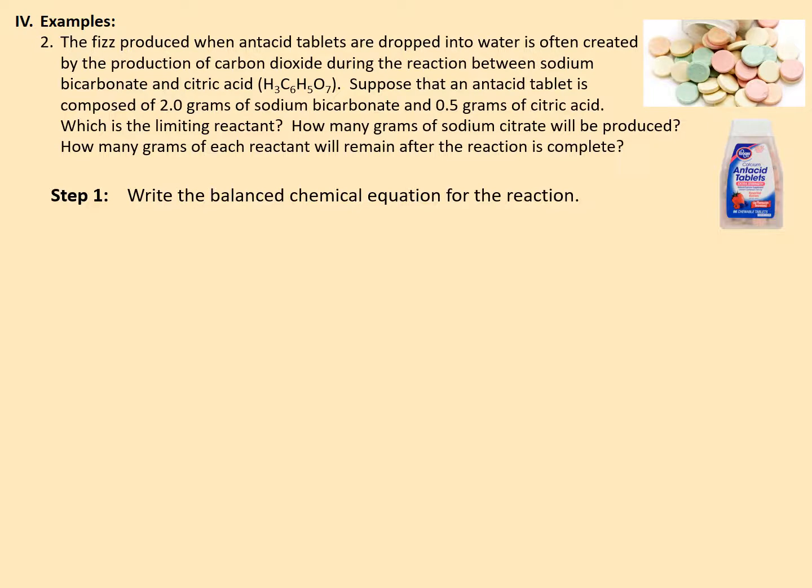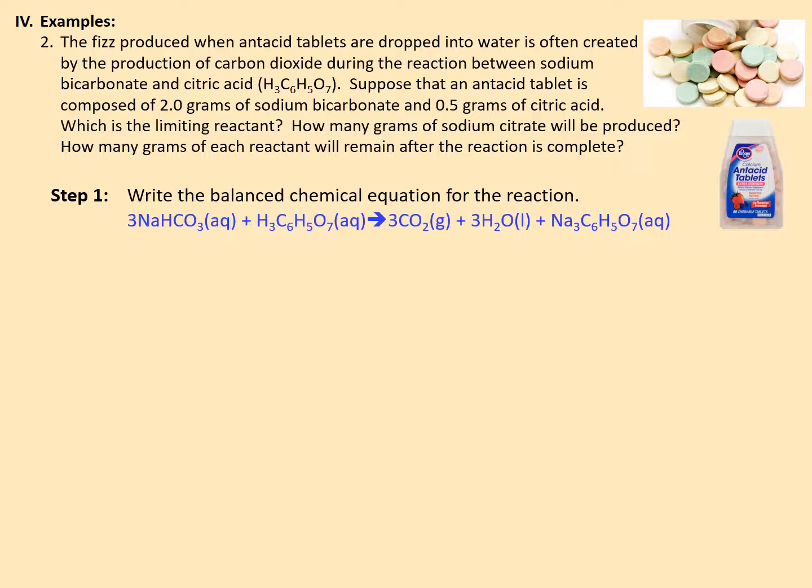So we're given a few hints as to what the products are here. The sodium bicarbonate reacts with the citric acid to yield carbon dioxide, water, and the sodium citrate is the ionic compound or salt. And we've put the coefficients in so that we've atom balanced this equation.